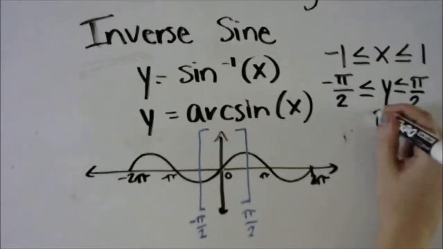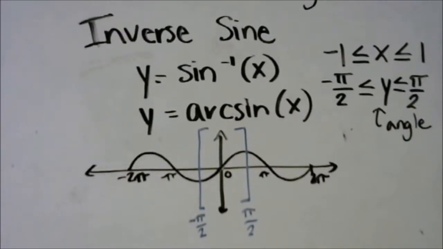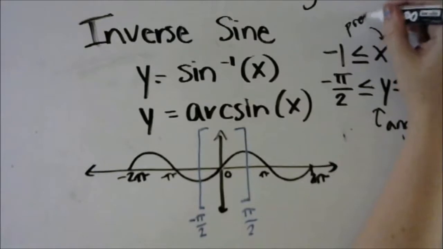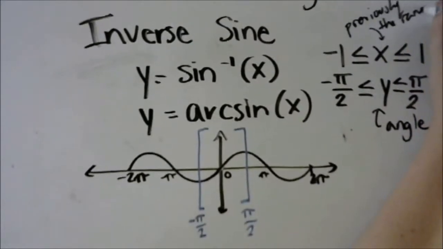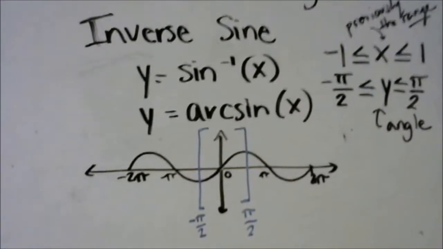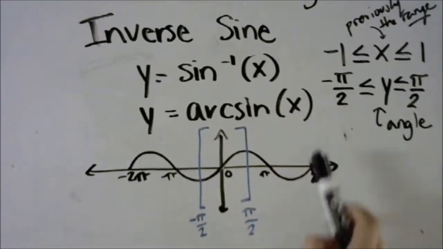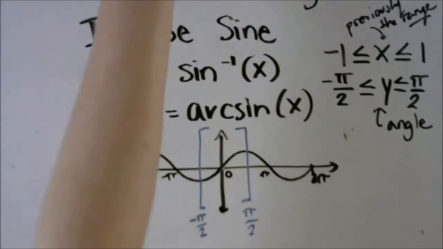It has to be an angle between negative pi halves and positive pi halves. So let's take a look at a few examples of problems that require the inverse sine and specifically relate them to the restrictions on the domain and range.